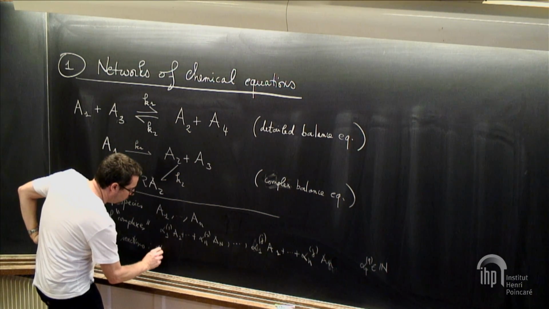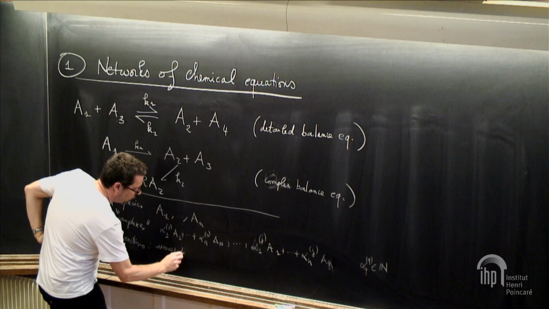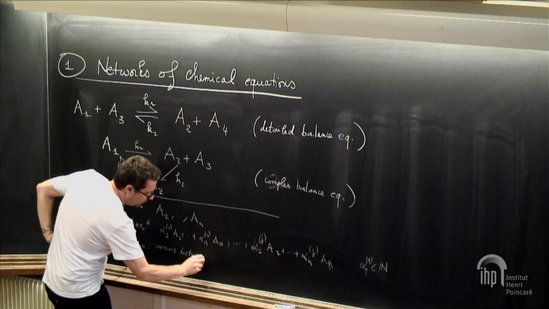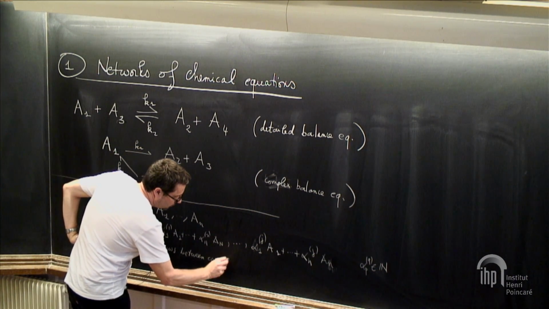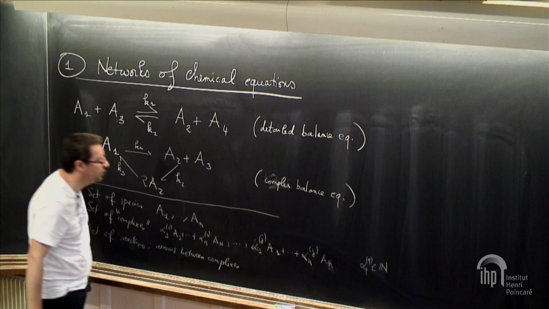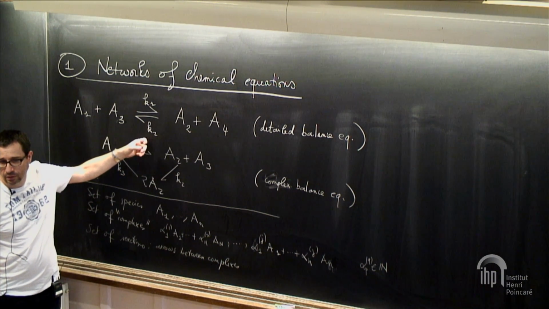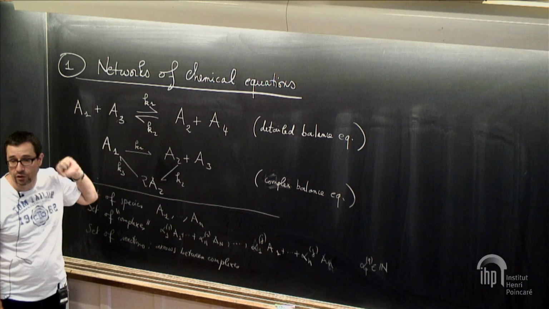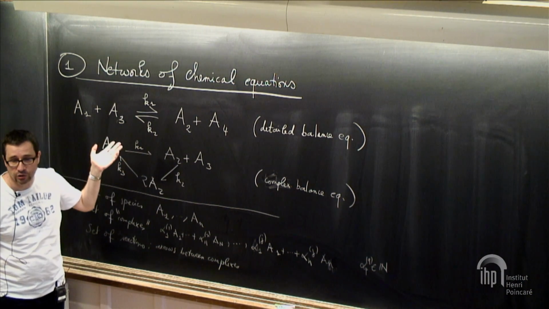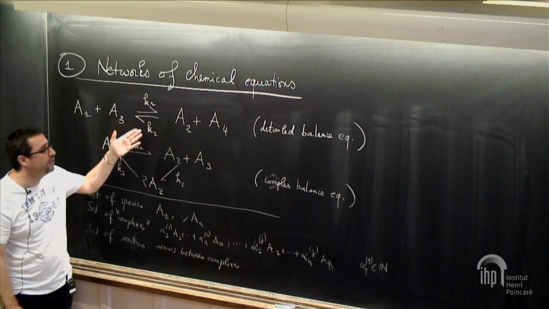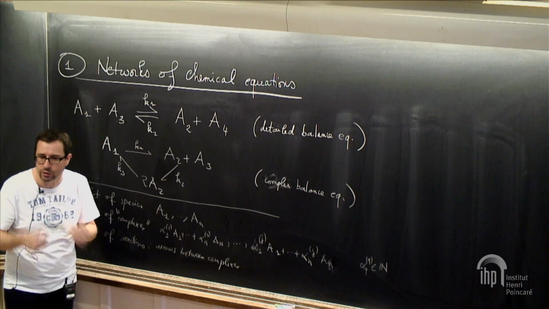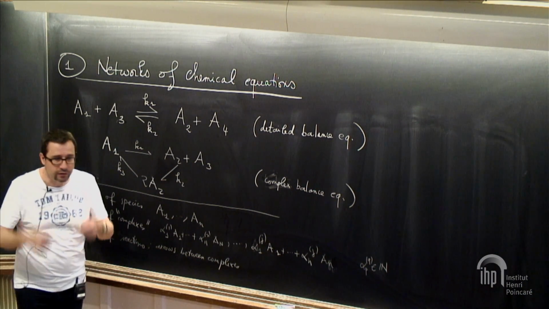So those are arrows between complexes, together with a number which is, let's say, a strictly positive real number, which is the rate of the reaction, okay? And which, in principle, you can find, if you look at the book of chemistry, you can find it in the table, okay?